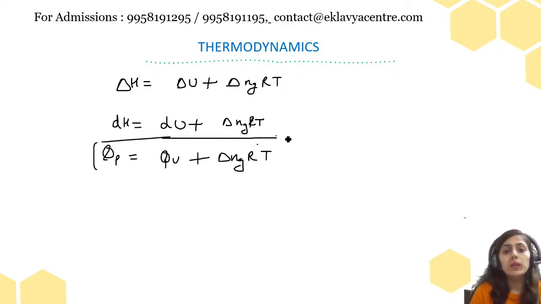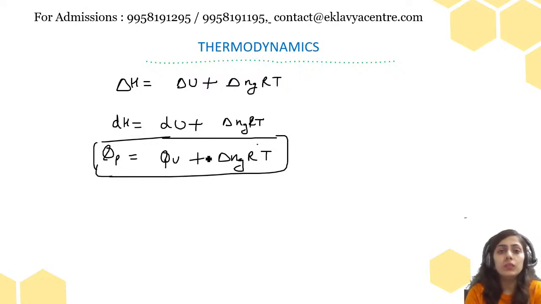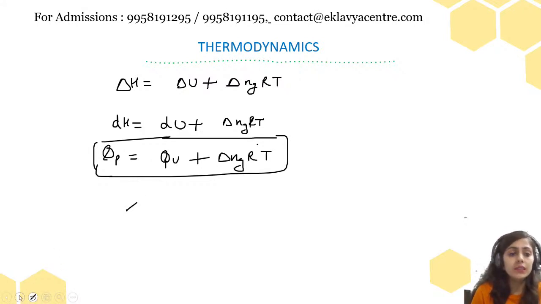So let's do one numerical on this formula so that it will become more clear to you, like what kind of questions or what kind of numericals come in the exam.